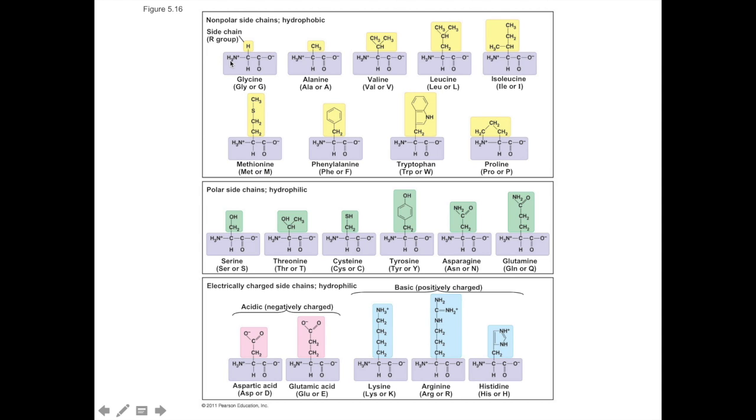So what makes them different is what's in the R group, or the side chain. And we group them based on the chemistry of the side chain. So in the case of these ones in yellow up here, they're all nonpolar, which means they're hydrophobic, which means you expect to see a lot of carbon and hydrogen.